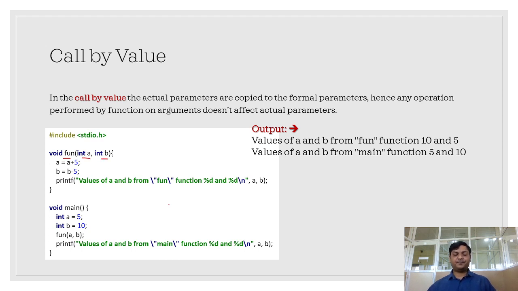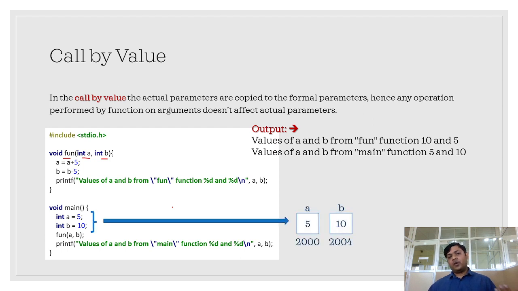When we run this program, the main function is loaded in memory, and integers a and b are allocated in memory locations 2000 and 2004, where the value at location 2000 is 5 and at 2004 is 10.